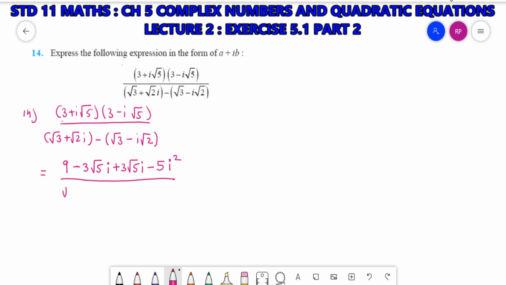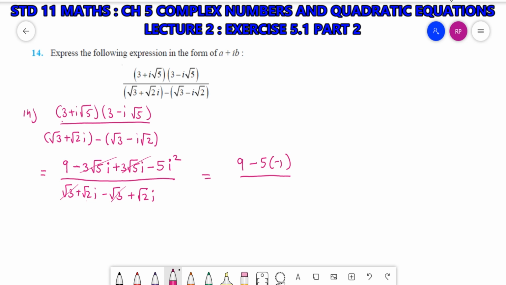Upon root 3 plus root 2 i minus root 3, minus minus becomes plus, i root 2, that is root 2 i. So 3 root 5 i and 3 root 5 i get cancelled. This is equal to 9 minus, the value of i square is minus 1, upon, here root 3 and root 3 get cancelled.